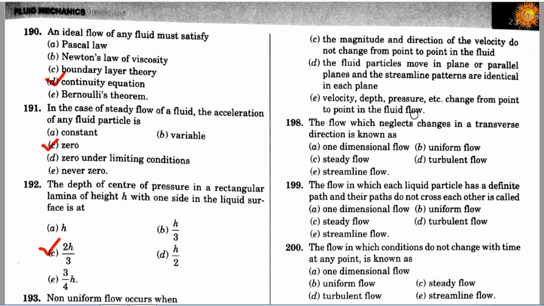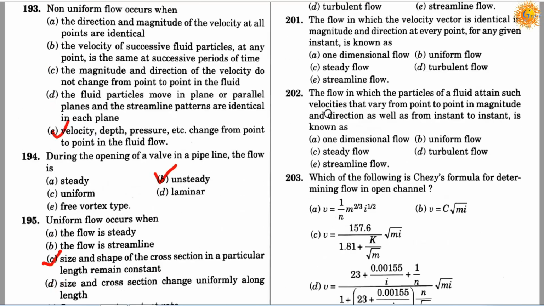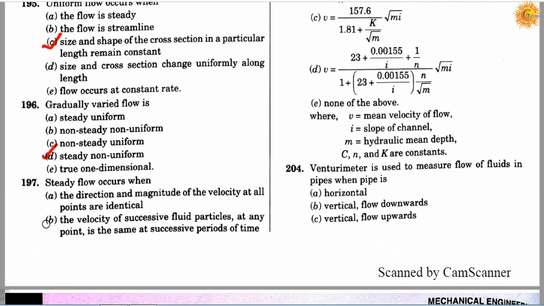So the correct answer to question 197 is B, the velocity of the successive fluid particles at any point is the same at successive periods of time.